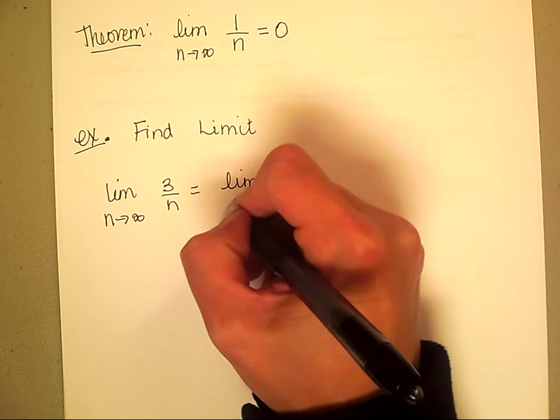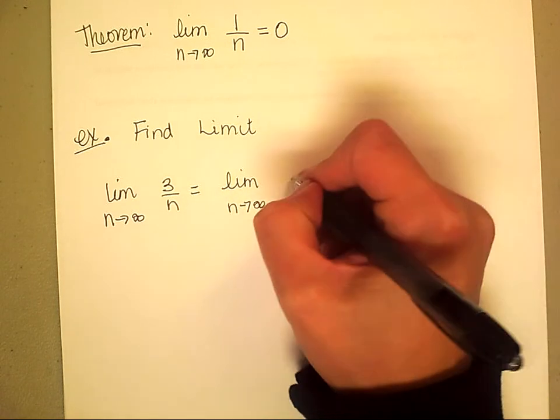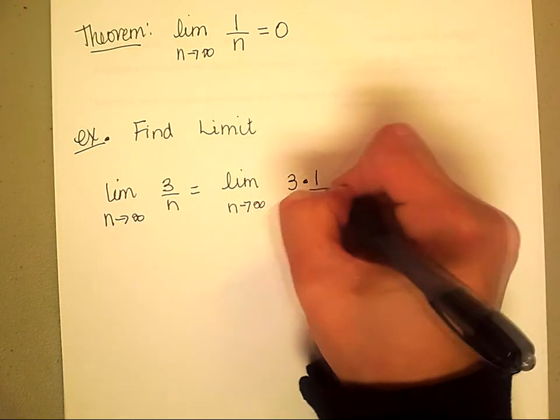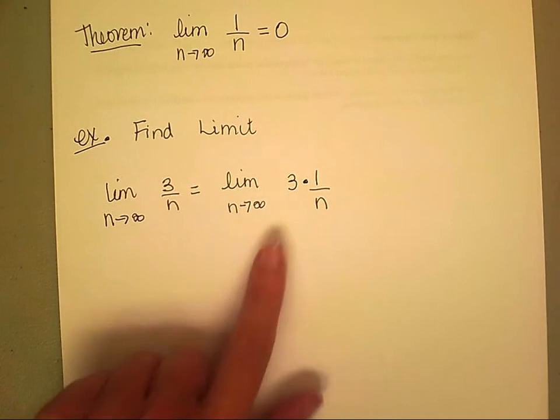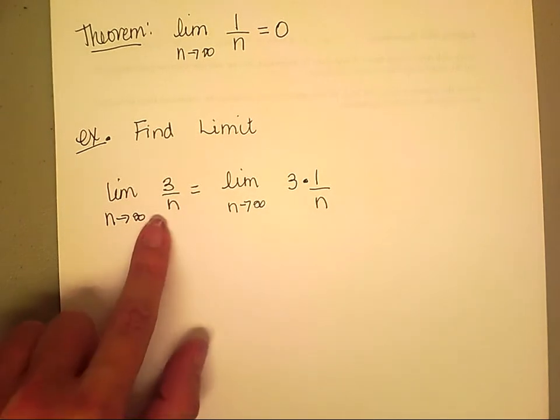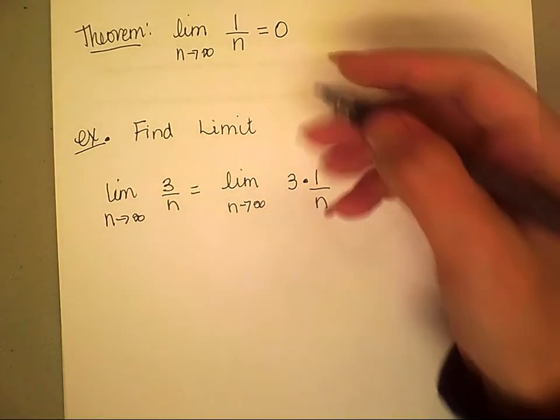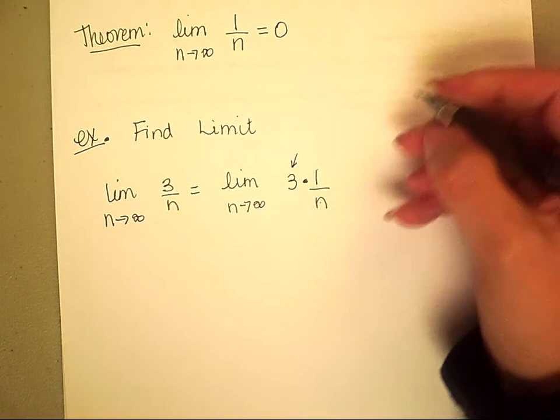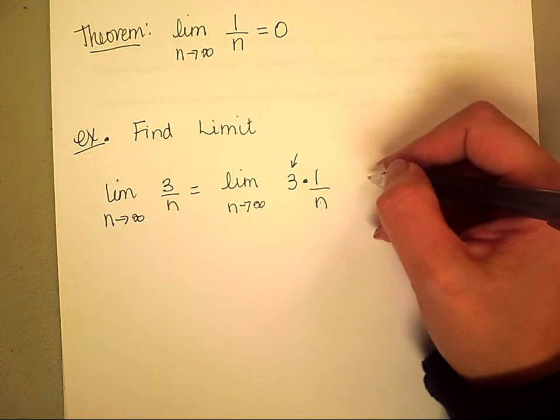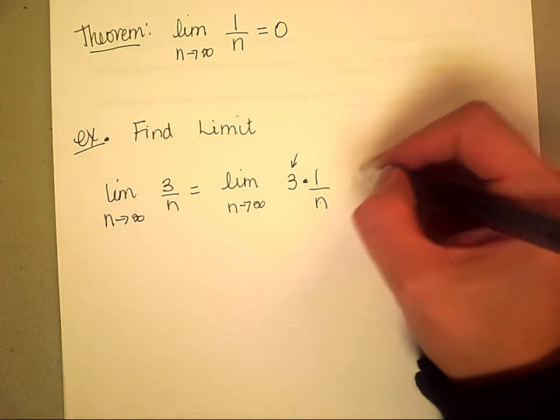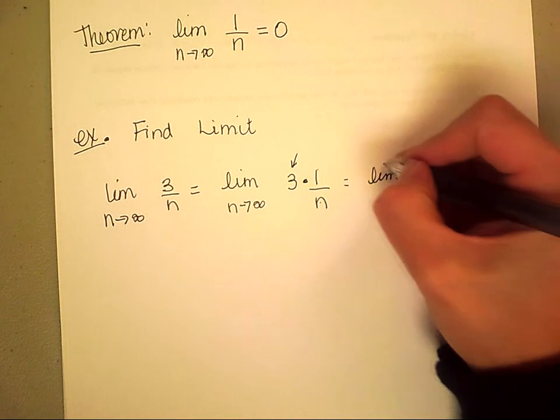One thing we can notice is that this is the same thing as the limit as n goes to infinity of 3 times 1 over n. If I multiply these back out, I'd get 3 over n. Now this is just a constant, and this is 1 over n, so I could split this up.